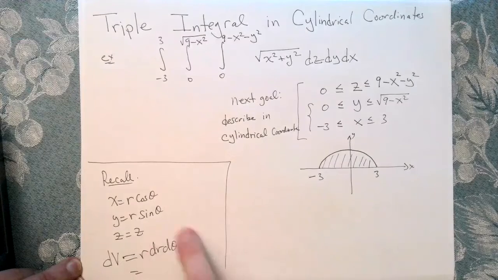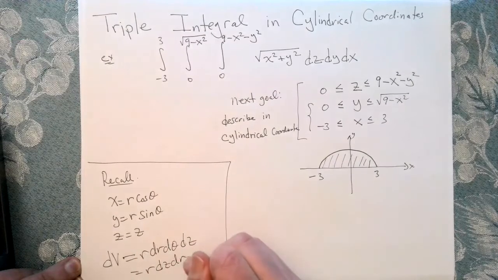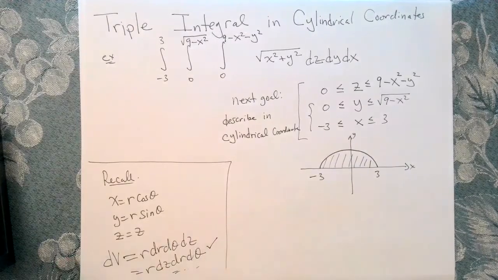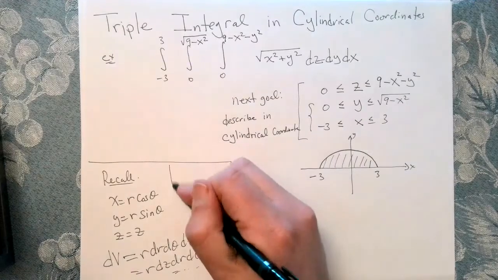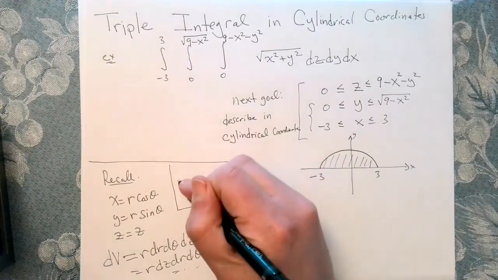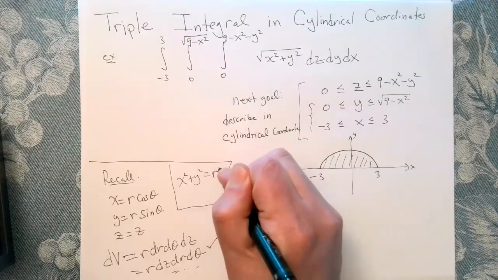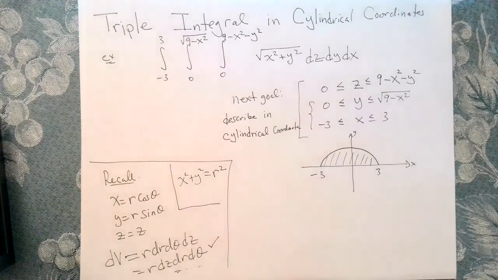And we can permute these as long as we're careful and write this as r dz dr d theta, etc. I think we'll end up using this version. And what else do we know in cylindrical coordinates? Well, by the Pythagorean theorem, we know that x squared plus y squared is equal to r squared. So that's pretty handy.